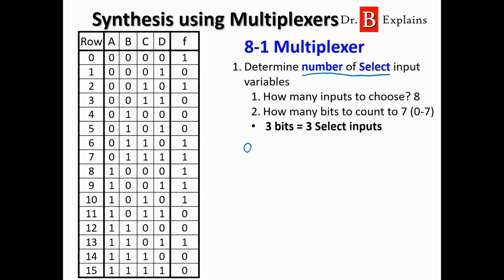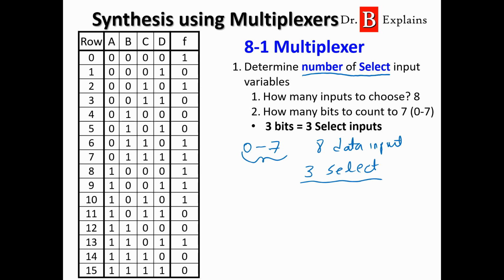Remember, we have to count from 0 to 7 because we have 8 data inputs. How many binary variables do I need to count from 0 to 7? I need 3. So 3 select. And so I'm going to be dividing my table, which is the next step.